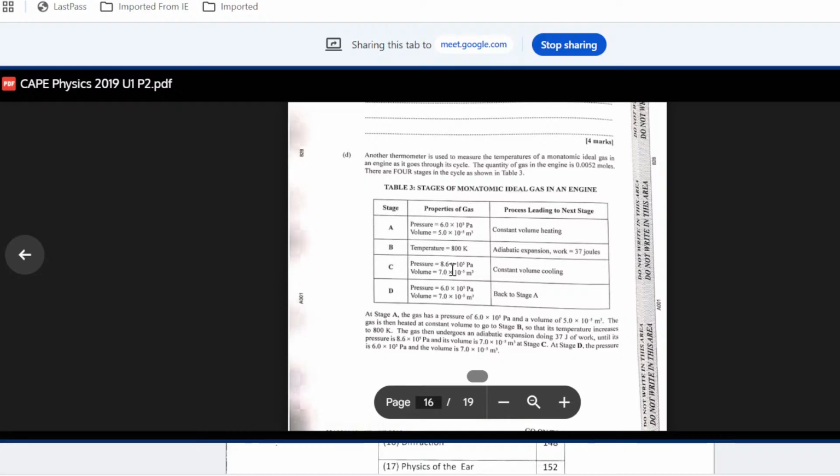Stage B would have stopped expanding when the pressure is 8.6 times 10 to the 5. Alright, so that's where stage C starts. But how do we know where to stop?